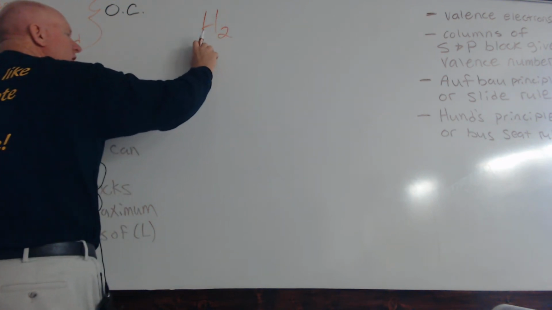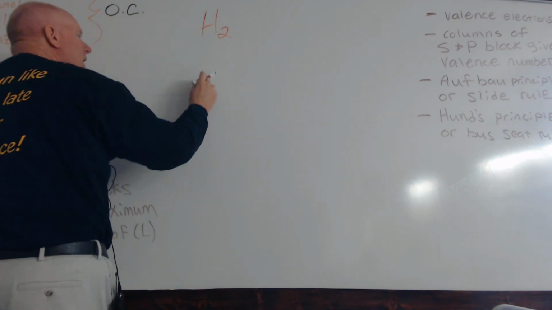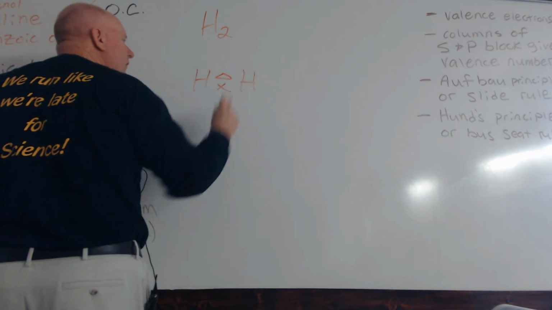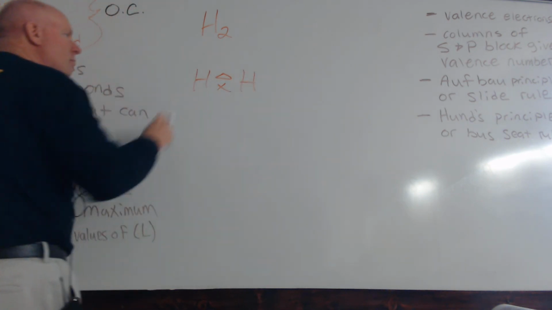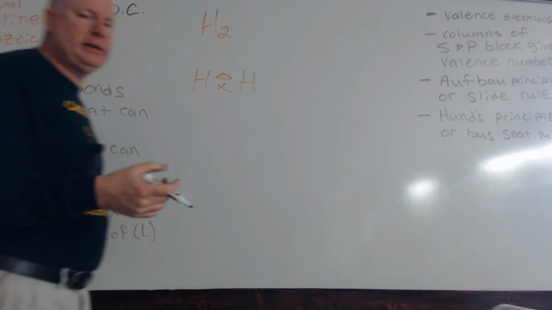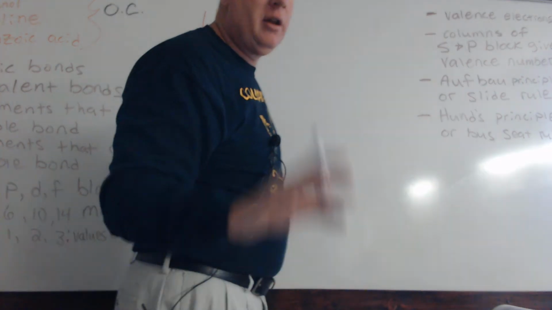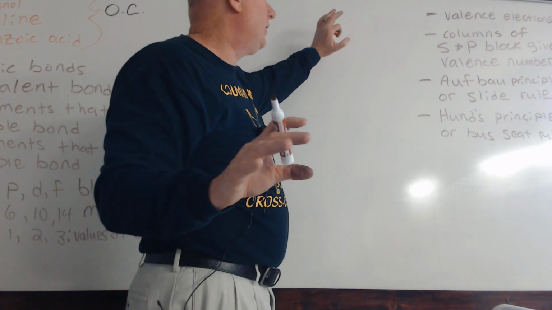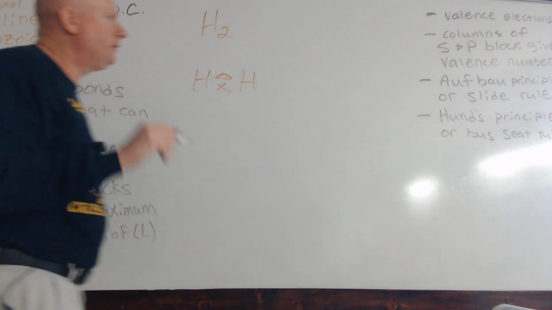It's an exception to the octet rule. It's a diatomic molecule where these are being shared. Okay, so a valence electron, remember, is the electron in the outer energy level. You're using that all the time in the S and P blocks. You're utilizing the valence electron because of the column that it has fallen into.